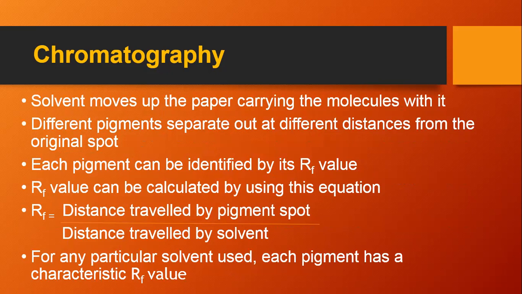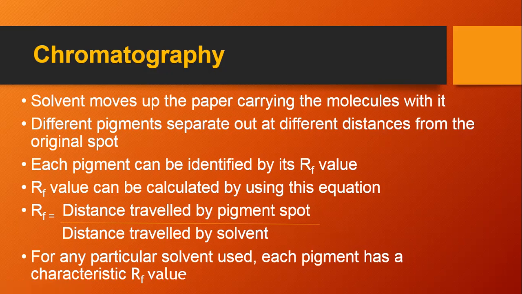And as the solvent moves up the paper, it is going to carry the molecules with it. So different pigments separate out at different distances from the original spot depending on their solubility and molecular mass.